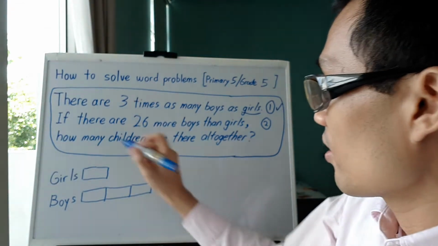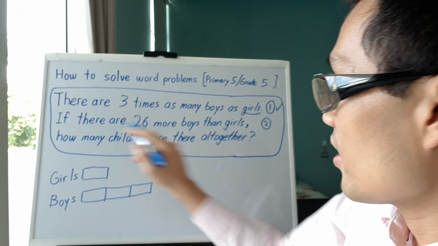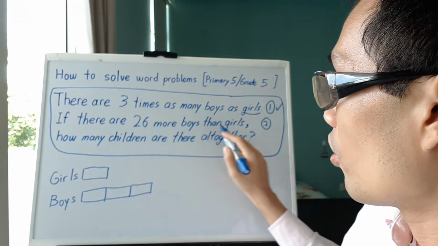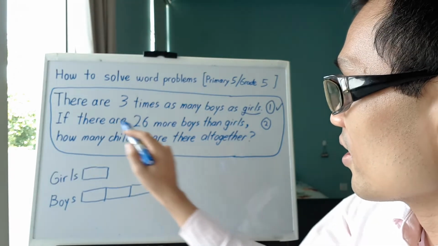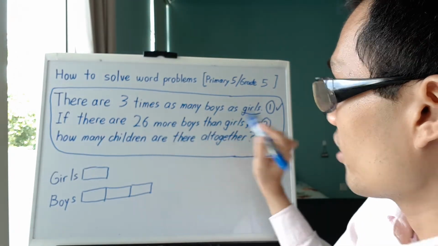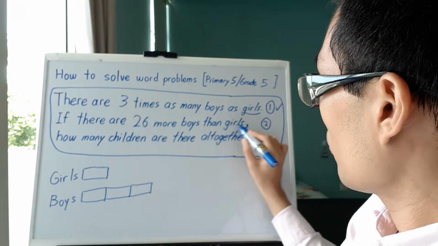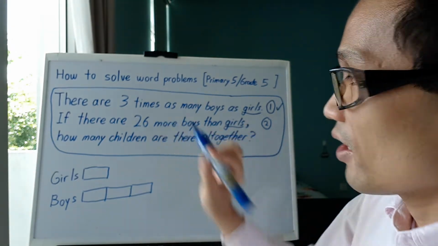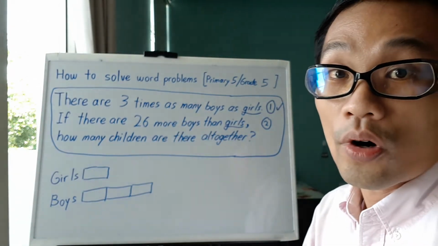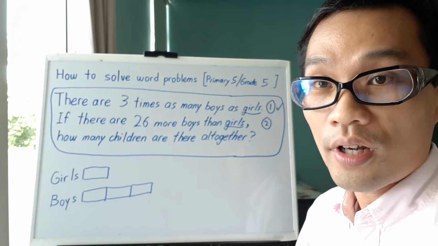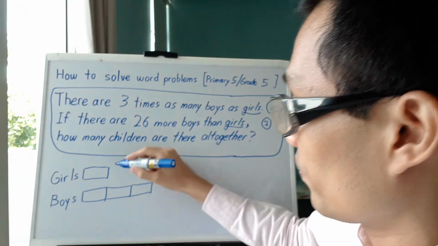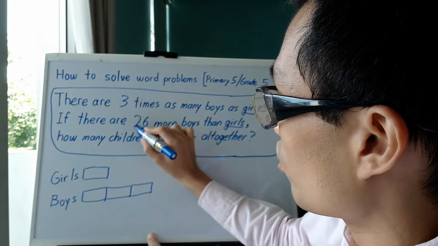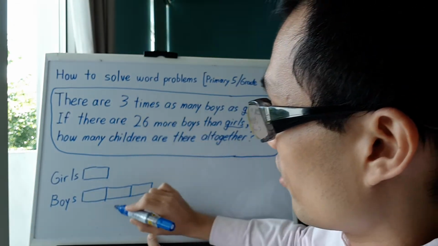Now next, you see the second statement that says if there are 26 more boys than girls. Now if you notice one thing, they are saying that there are more boys than girls. So let's look at the girls and the boys. Who is more in terms of numbers? And obviously it's the boys. And how many more? They are saying it's 26 more boys.